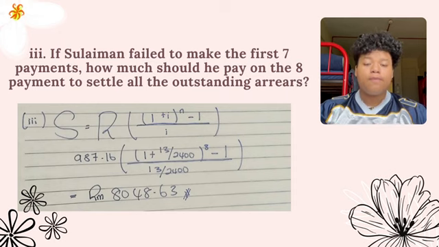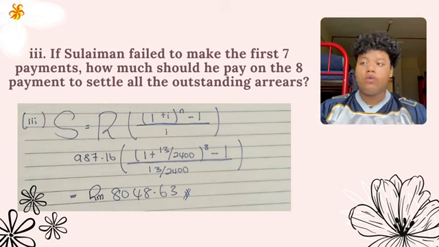For this question, you need to apply the formula of X, which is X equals R open bracket 1 plus I close the bracket power of N minus 1 over I, and then close the bracket. Based on the question before this, we already know the information, right?